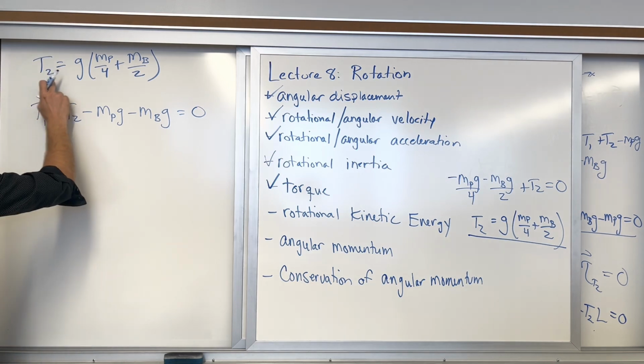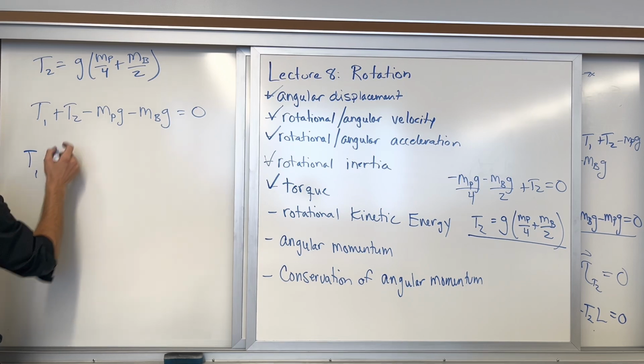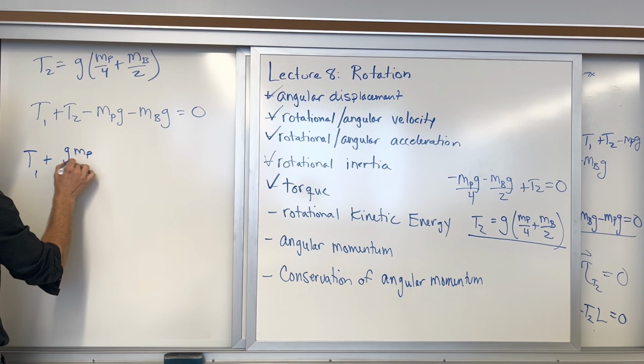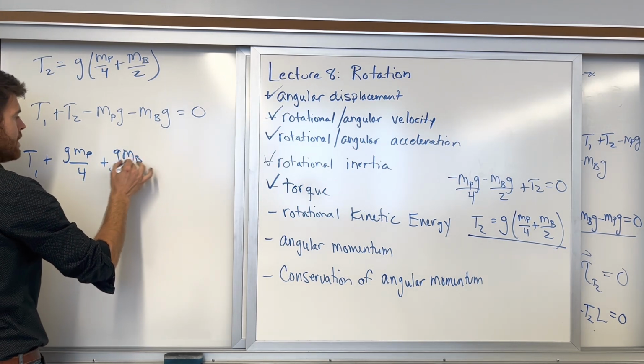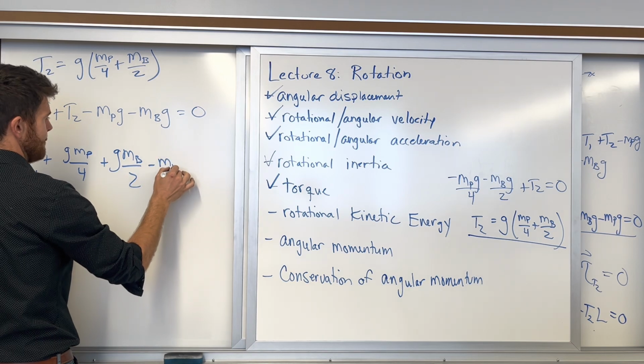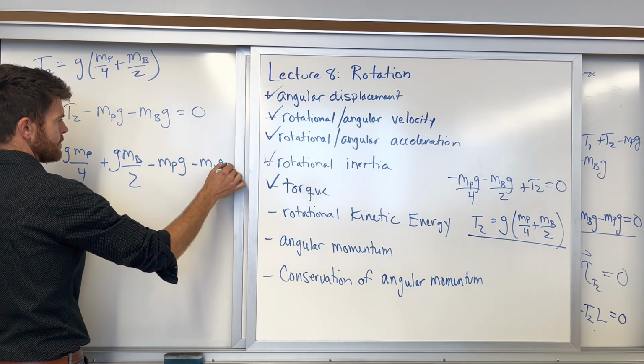I can plug this in for T2: T1 plus, I'm going to just distribute that so it's easier, G MP over 4 plus G MB over 2 minus MPG minus MBG equals 0.